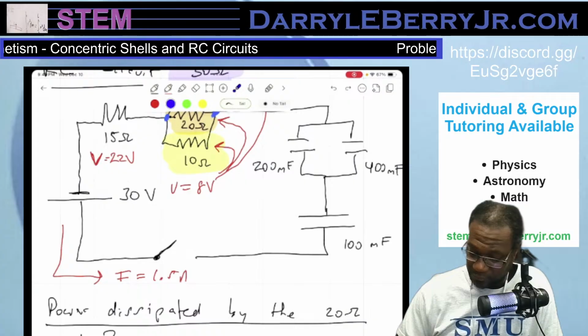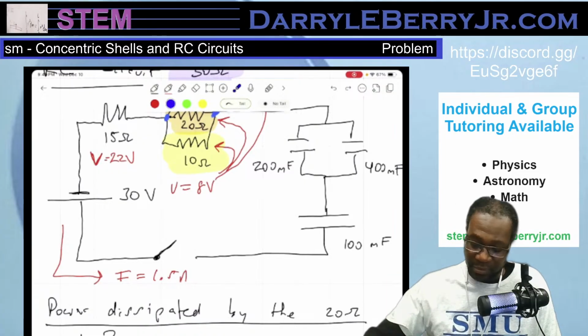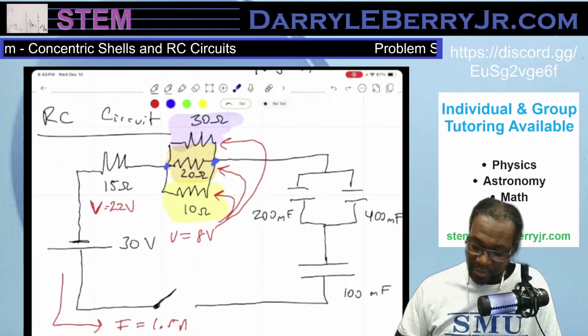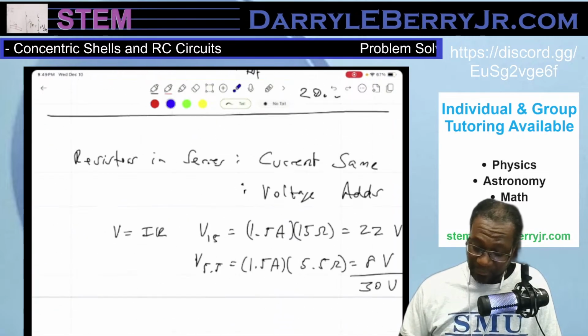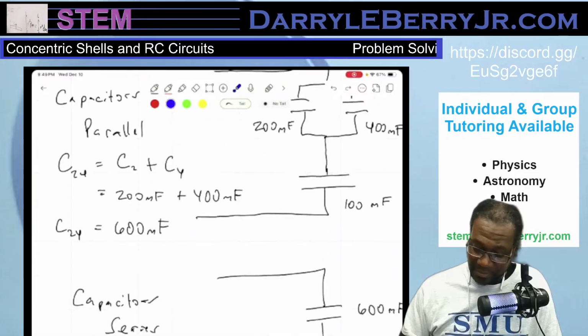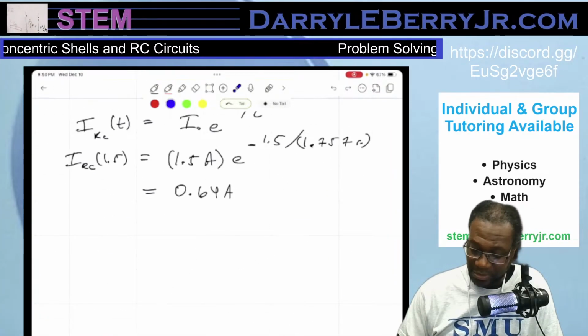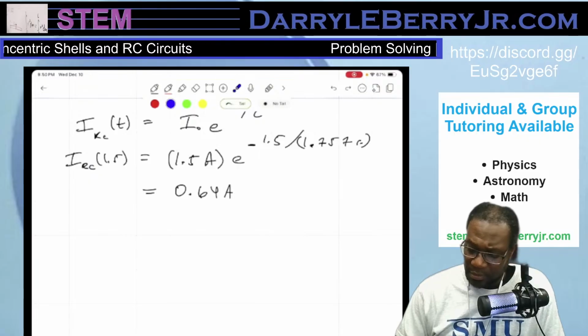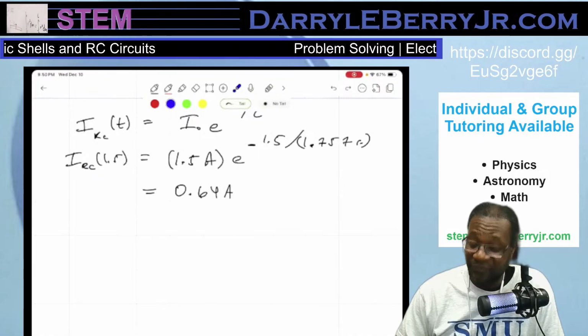I think that's how it works. So then eventually all the charges will move. The current stops. It'll eventually reach zero. But at 1.5 seconds, it'll only have gone down from 1.5 to 0.64. So let's see, how can we find how much time it'll be till it hits zero? I mean, of course, an infinite amount of time.